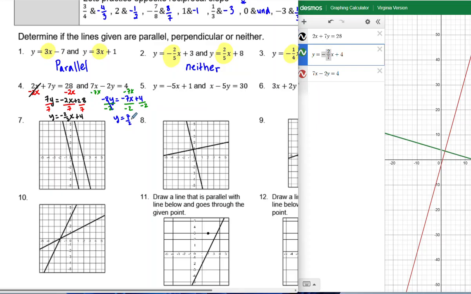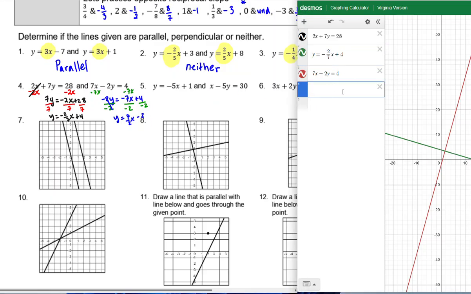Negative divided by negative x. And then 4 divided by negative 2, that's negative 2. So that is for this line, 7x minus 2y equals 4. In slope-intercept form will be y equals 7 over 2 x minus 2. See how these two lines are the same, okay? This is just written in slope-intercept form.